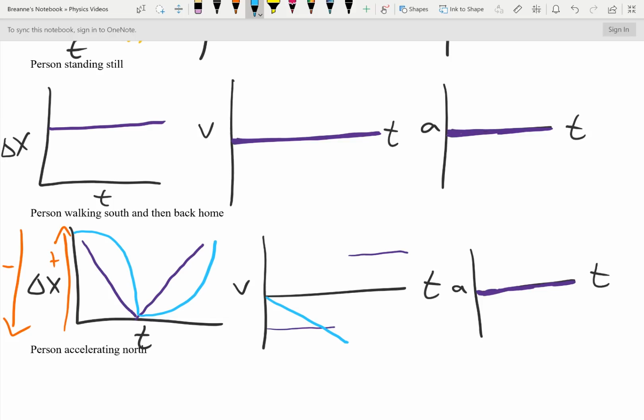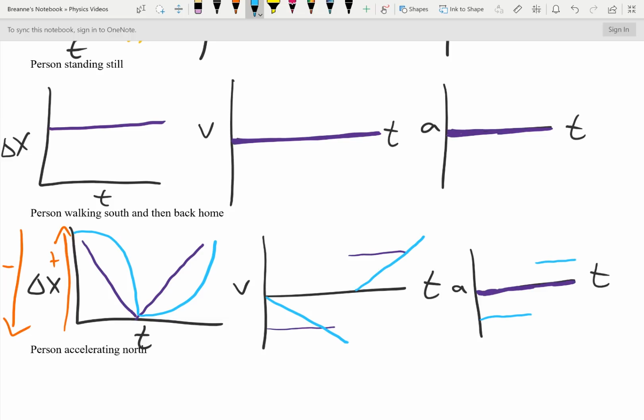So speeding up in the negative, and then you're speeding up in the positive. And then your acceleration would be broken too, because you would have a negative slope, and then positive slope.